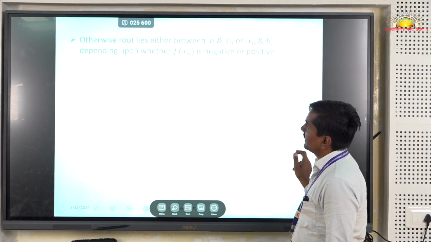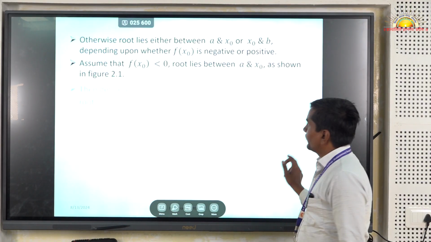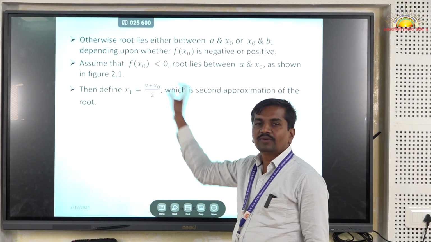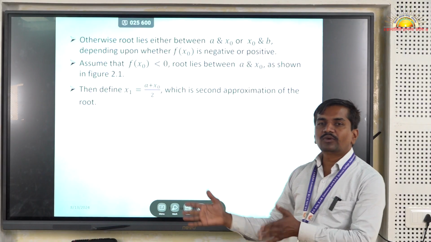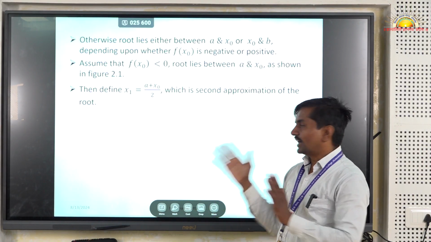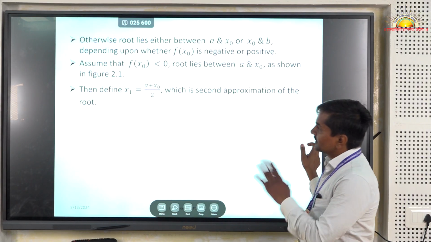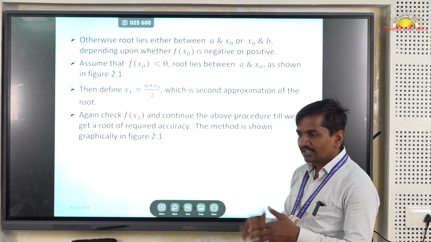So, the next task is to define x1. So, x1 is a plus x naught divided by 2. That means we again divide the new interval into 2 equal parts. So, x1 is the middle of that interval, which is the second approximation to the root of the equation. Now, continue this process.